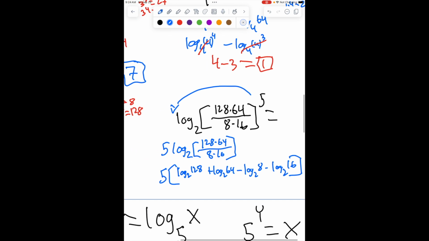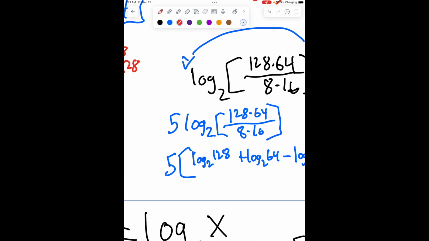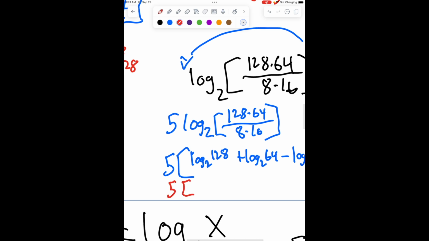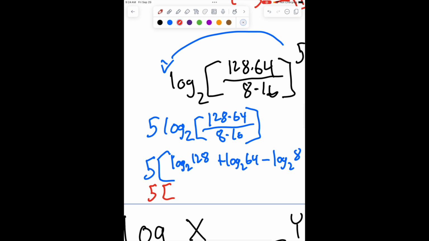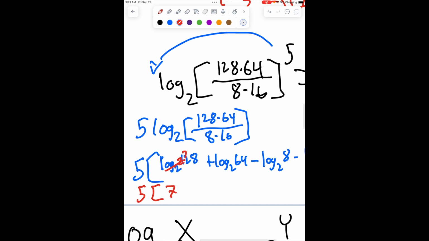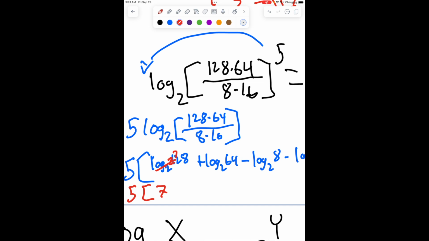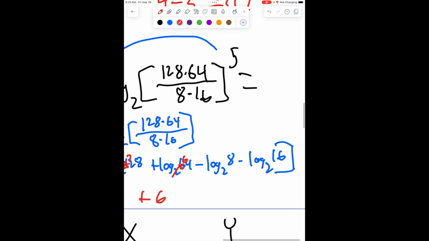All right, keeping what's outside, now I'm just going to try to simplify. We already said that this was 2 to the 7th, and again, that's going to cancel out, so it's going to be a 7. This is 2 to the 6th, so again, that's going to cancel out and give me 6. 2 to the 3rd minus 3, and 2 to the 4th minus 4.